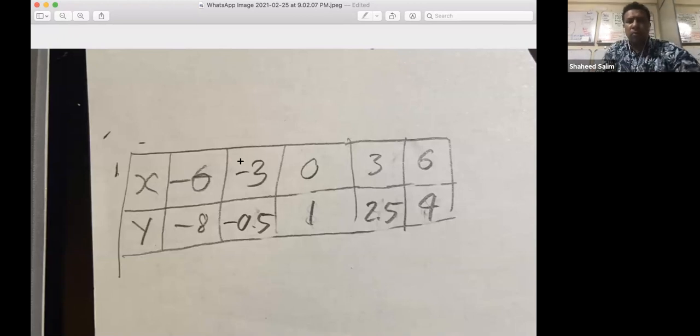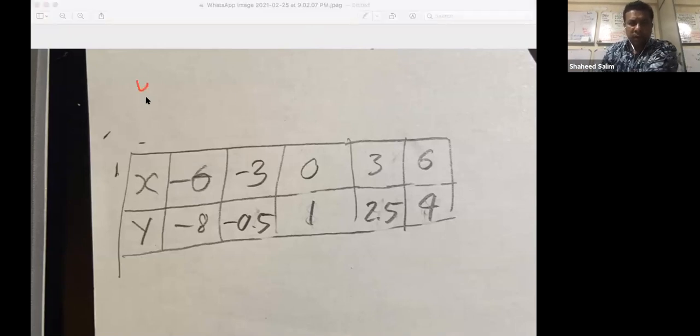Okay. We're going to do it now here on the screen. So the equation now I'm going to write: y equals half x, x is center or top, okay? Plus 1. So now you put minus 6, that means this is minus 6.